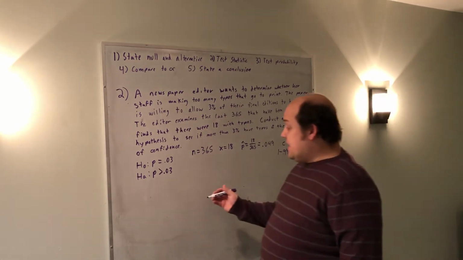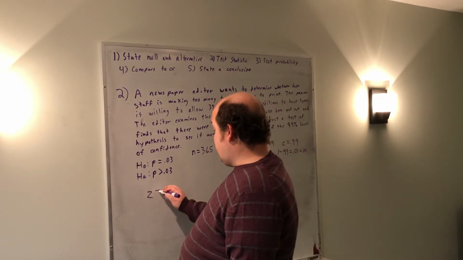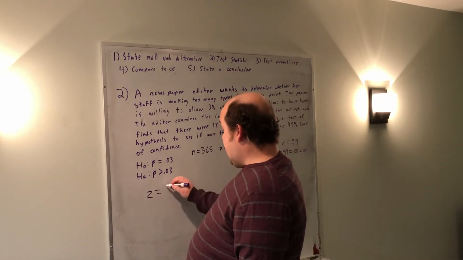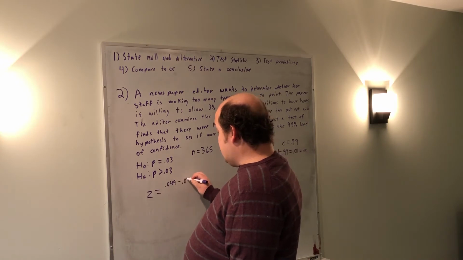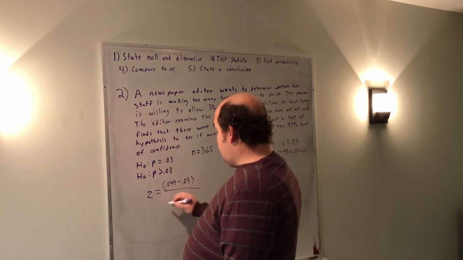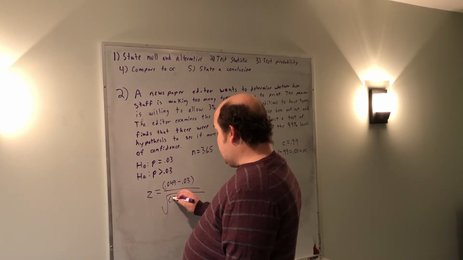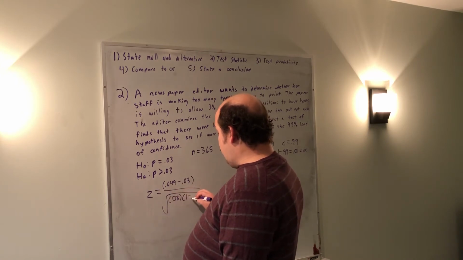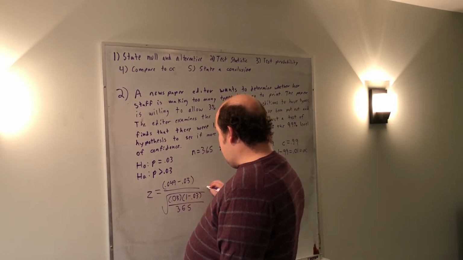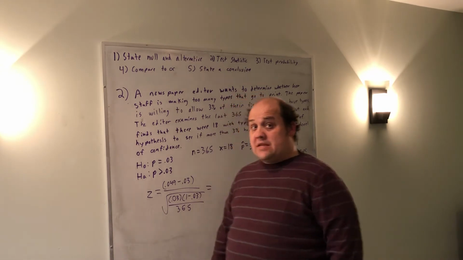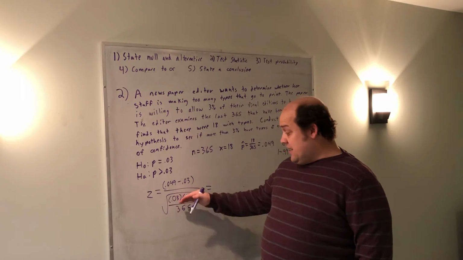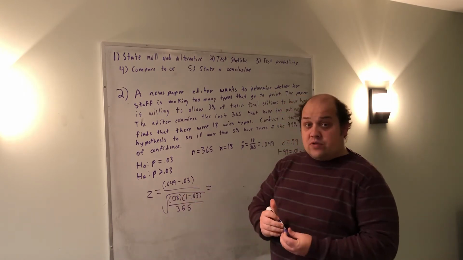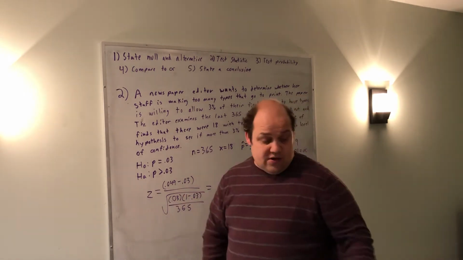When I go to find the test statistic, it should be based off of z equals p hat 0.049 minus the p under the null hypothesis 0.03, divided by the root of p under the null hypothesis 0.03 times 1 minus that 0.03, over my n of 365. Again, where students get messed up the most on this problem is getting this entered into the calculator correctly, particularly this bottom, making sure that your root sign has everything going on underneath it.